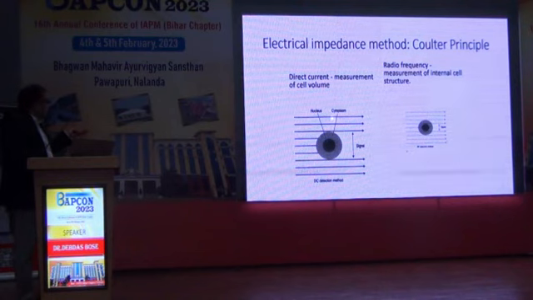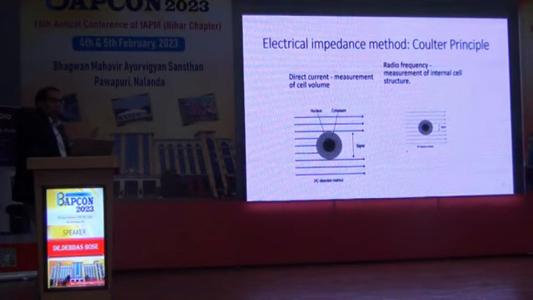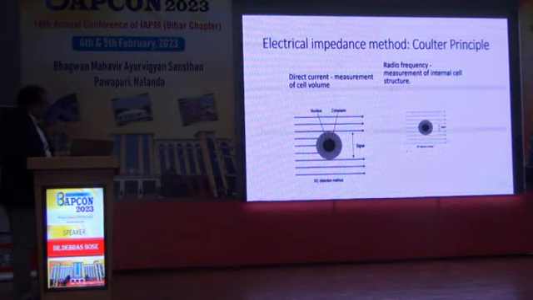Radio frequency current is usually used for measurement of the cell's internal structure. Neutrophils have much more granularity compared to RBCs, so by radio frequency current, neutrophils give a different type of pulse than RBCs. And direct current is the measurement of cell size or cell volume.